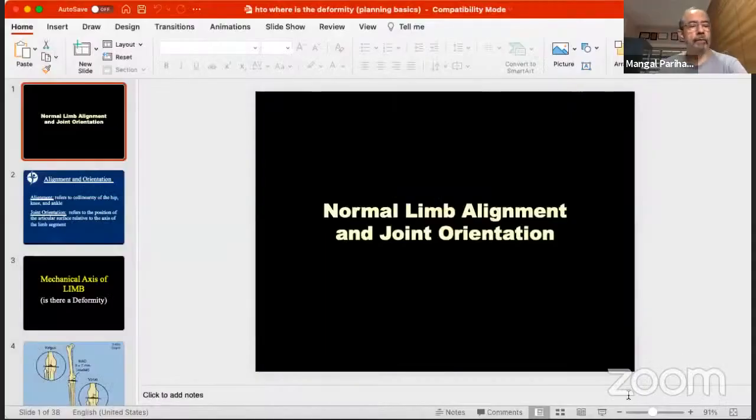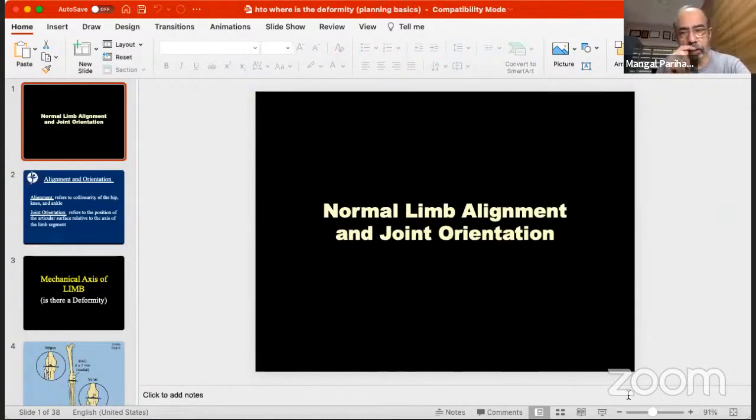Right. So from what I heard from Dinesh, this is going to be a four-part series, once every month, and we are going to be discussing opening wedge, closing wedge, etc., in more detail.